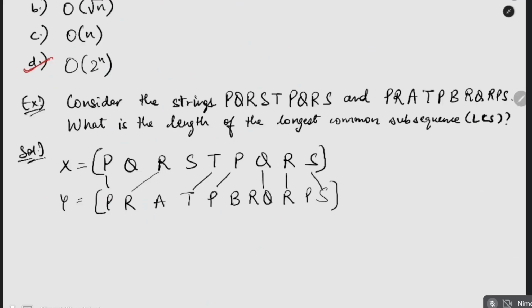So these are the values that we get when we match the prefixes, or the subsequences of both x and y.